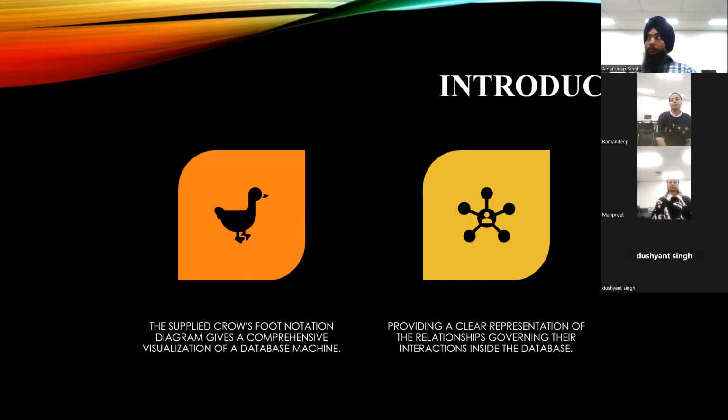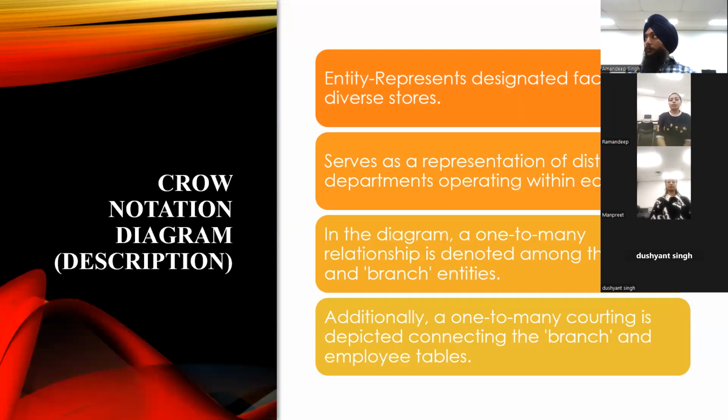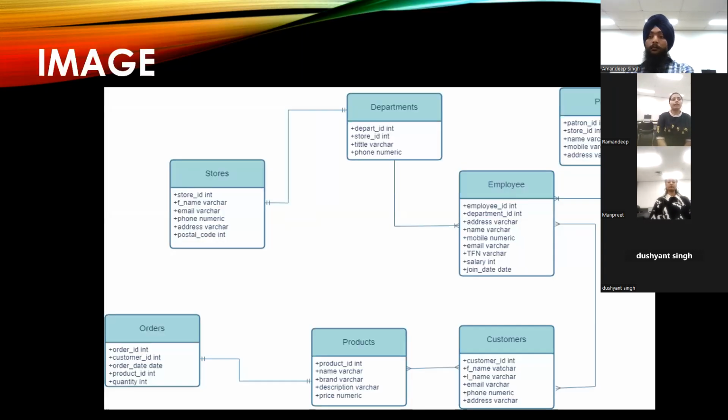As we know, a database does not contain only a single entity, and a big database has different entities, and an entity has different attributes. So today we discuss the crow's foot notation, which shows the comprehensive visualization of a database system. And next, I'll show the one relationship in the diagram.